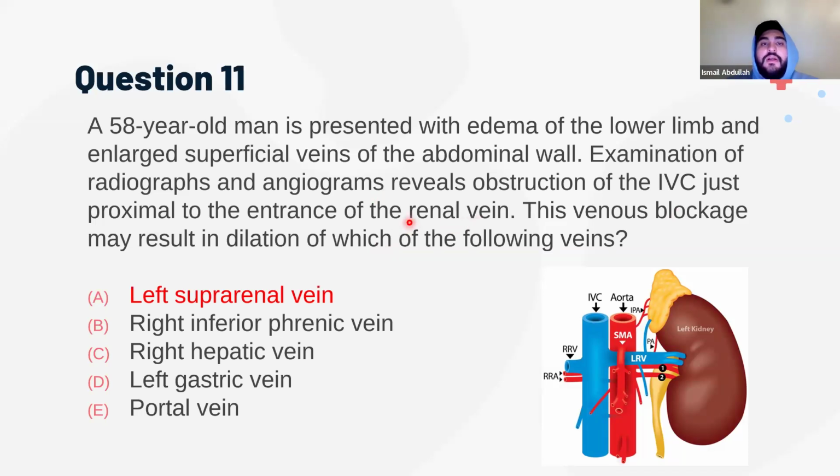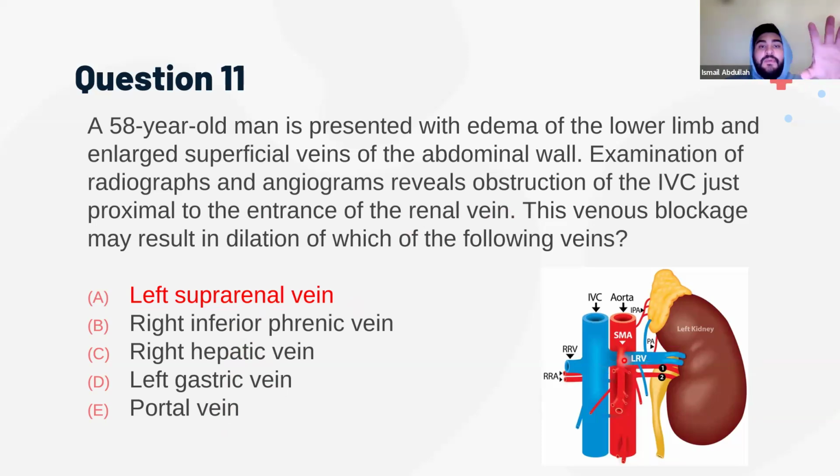So this is your keyword, or key phrase, let's say: entrance of the renal vein. If we look carefully, none of these options, except the left suprarenal vein, is within close proximity to a renal vein. So you have the right renal vein right here, and this is the left renal vein.